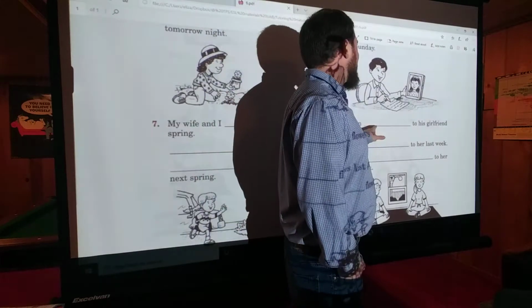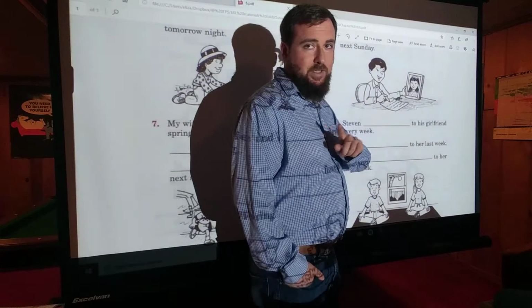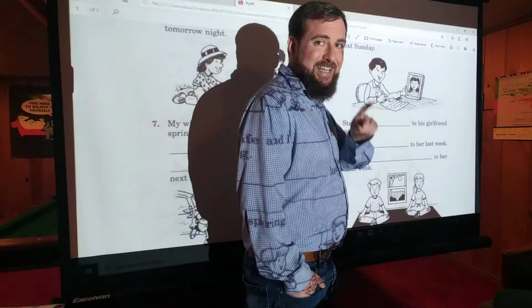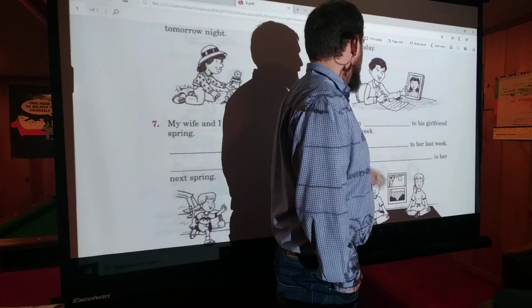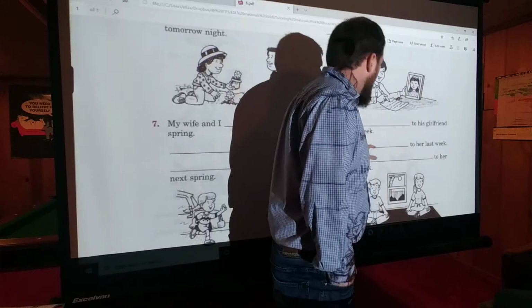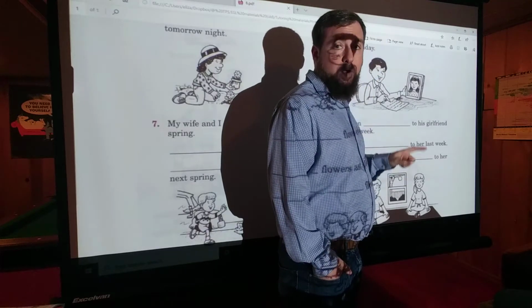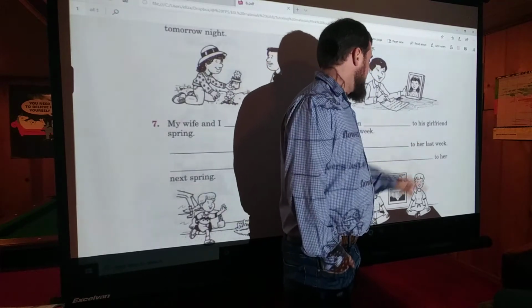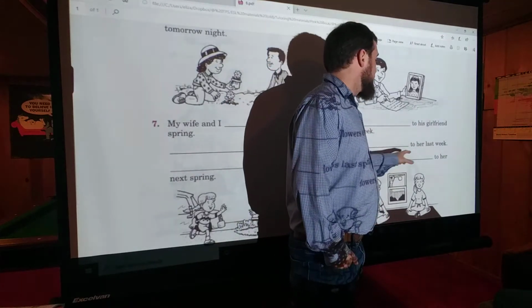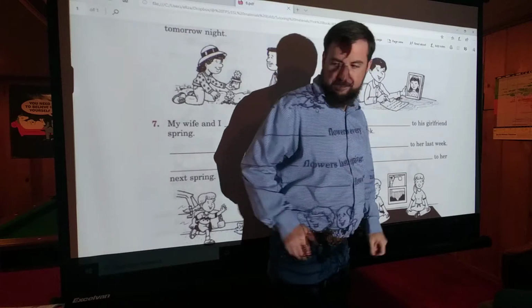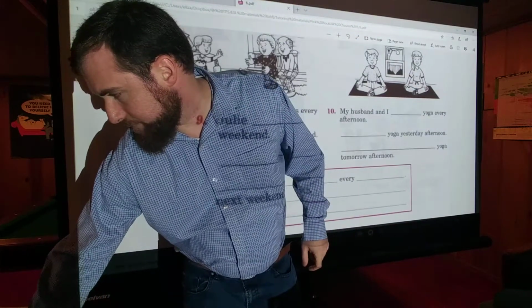Stephen writes with an S, W-R-I-T-E-S, writes to his girlfriend every week. He wrote, W-R-O-T-E, to her last week. He's going to write to her next week. Okay.